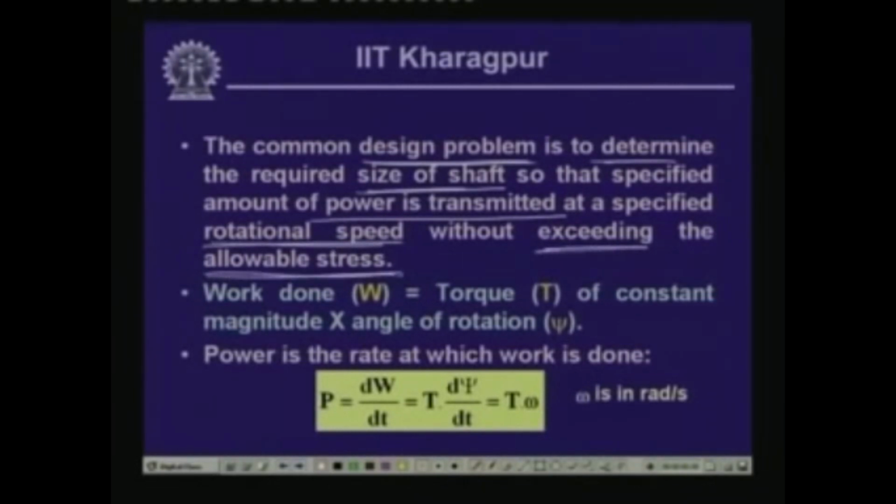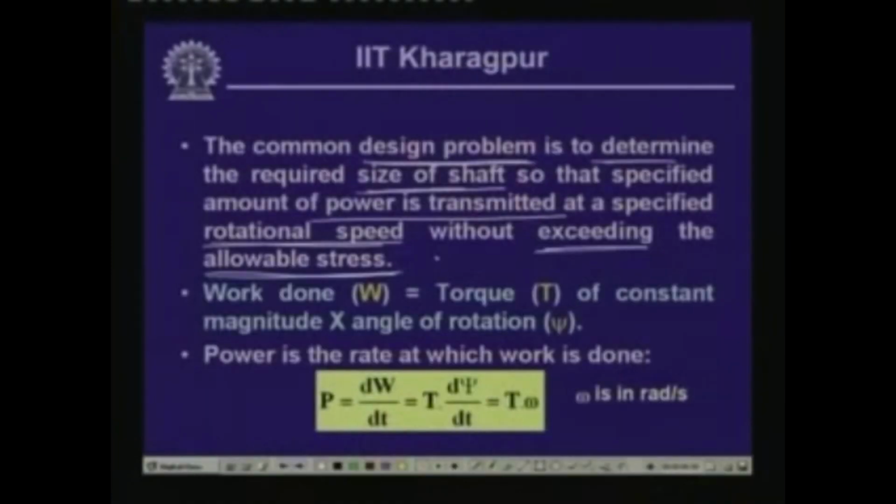From a design point of view, we need to find out what should be the diameter of this particular shaft, so that it can transmit the requisite power with a particular rotational speed without exceeding the stress level in this material. That is the purpose. So, we need to find out what should be the diameter of this kind of shaft.